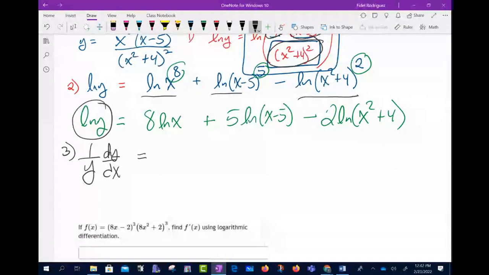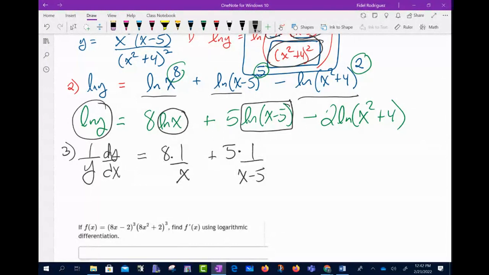All right, now we're going to do these next 3 pieces, y'all, individually. So 8 is going to stay there. Now, the natural log of x, we talked about this at the very, very beginning. The derivative of the ln of x is going to be 1 over x. Plus 5 times the derivative of the natural log of x minus 5, 1 over x minus 5 times the derivative of what I have inside.